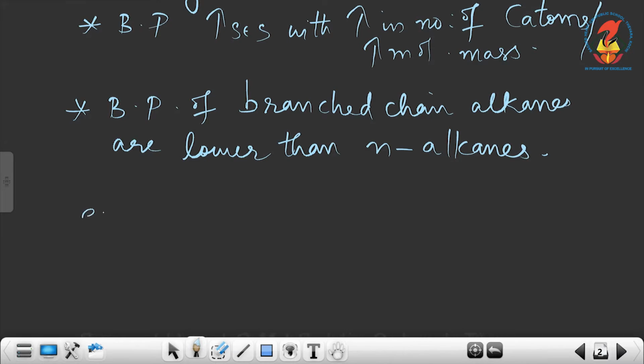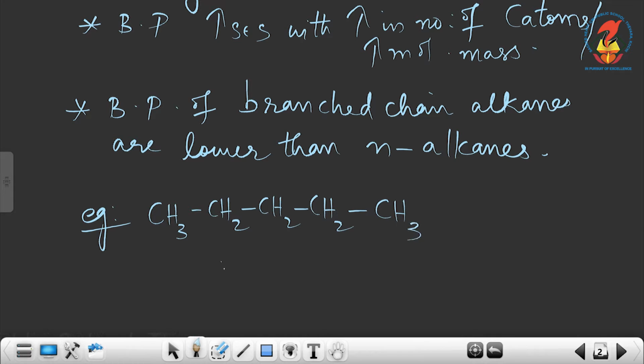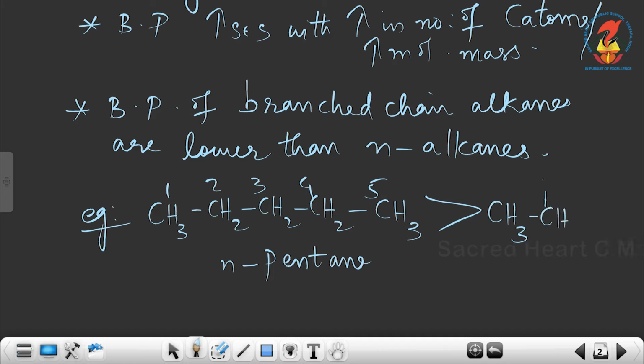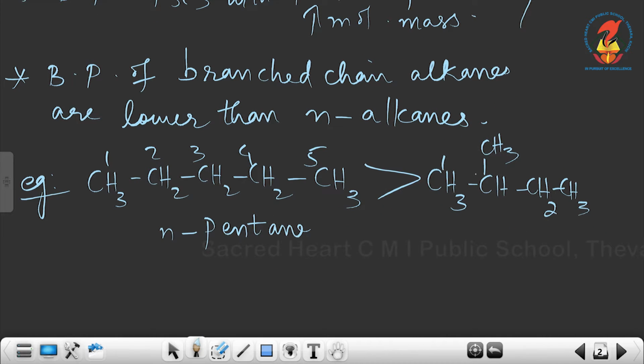One example for this is the boiling point of CH3-CH2-CH2-CH2-CH3. This is our normal pentane, with 1, 2, 3, 4, 5 carbon atoms. This will be greater than an isomer of pentane with one branch, for example CH3-CH(CH3)-CH2-CH3. This is 2-methyl butane.